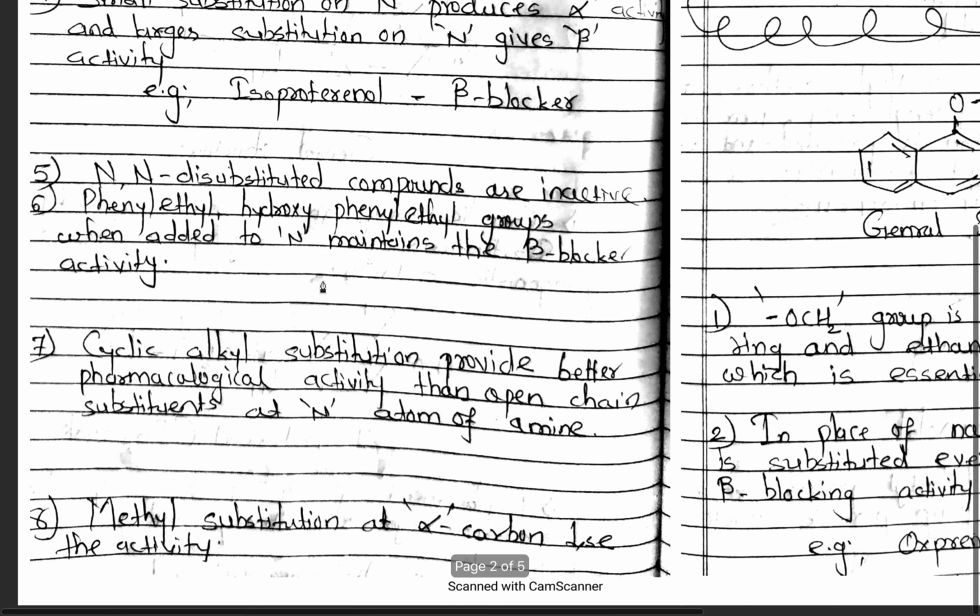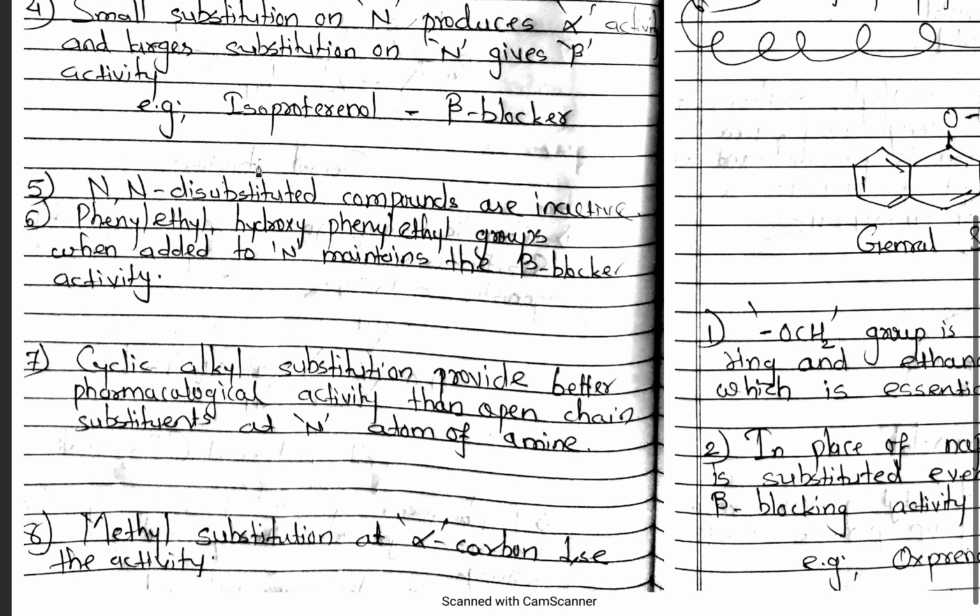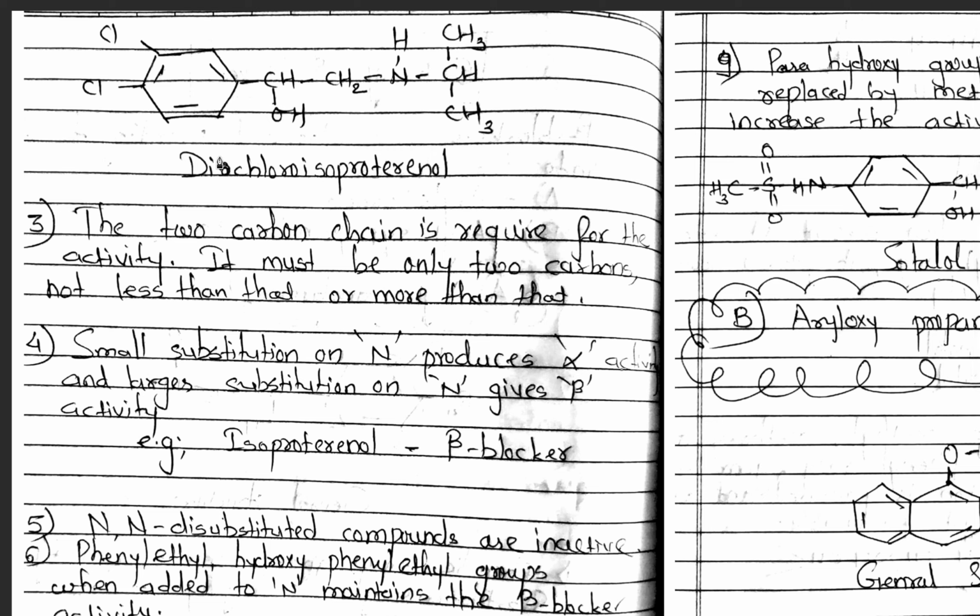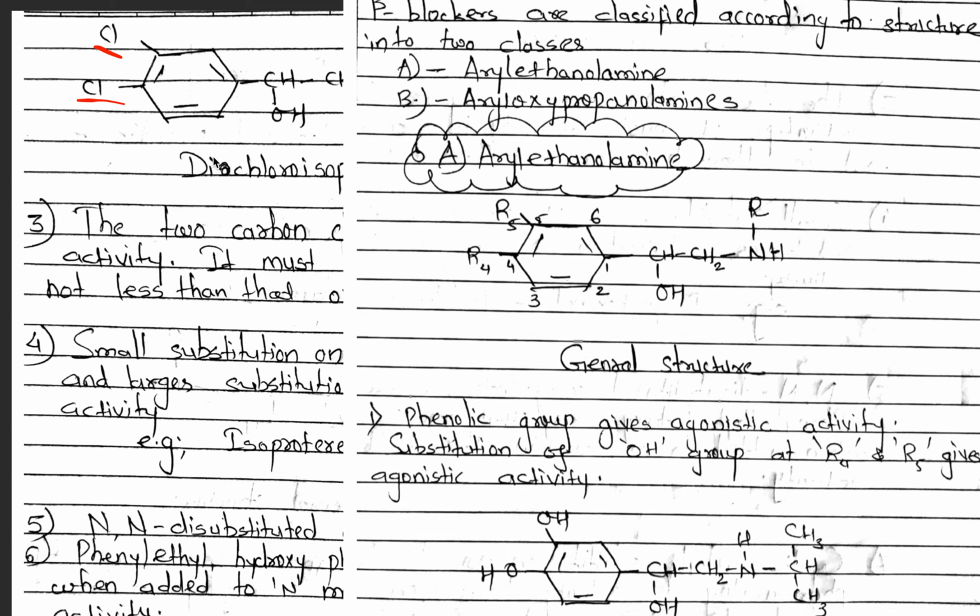You can see the example of dichloroisoproterenol. That structure is this. The chlorine is substituted at R4 and R5. Okay. Then the next point relates to the agonistic and antagonistic activity of substitution at R4 and R5.